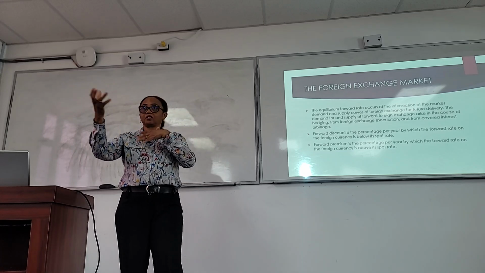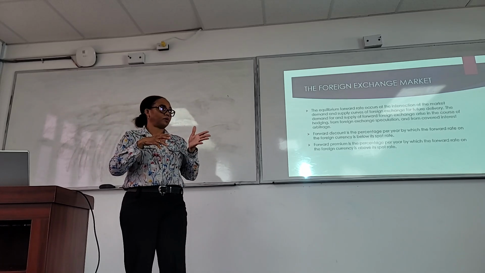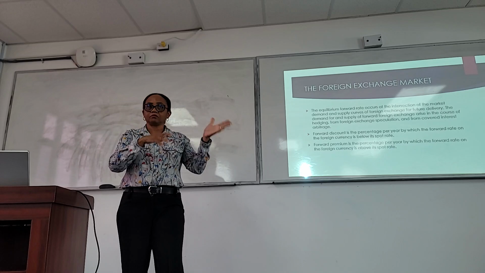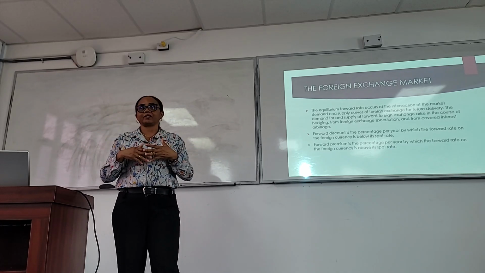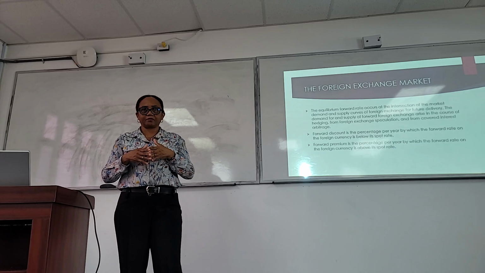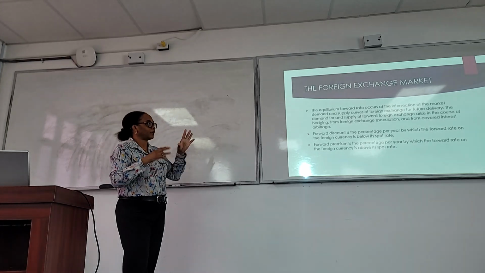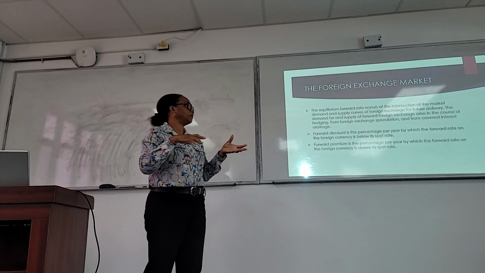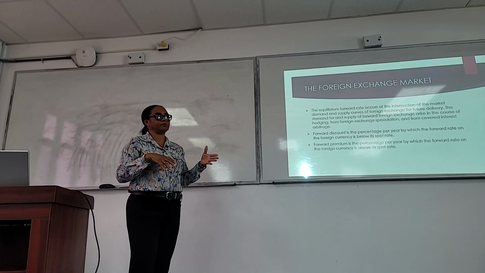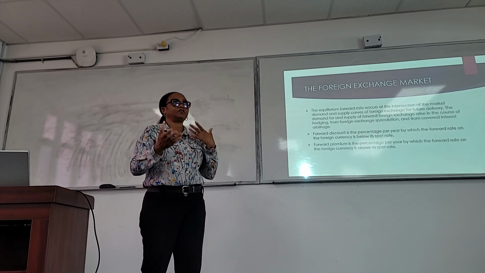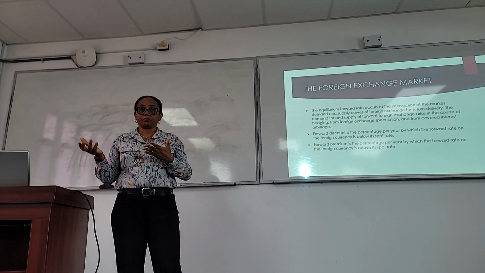So Boeing would go into a forward contract, all right, to sell. When it collects the sterling, it can enter into a forward contract with a bank, with a foreign exchange dealer, to sell that 10 million sterling when it gets it at a particular rate, right? So that's where forwards and futures come in. And the activity is referred to as hedging.